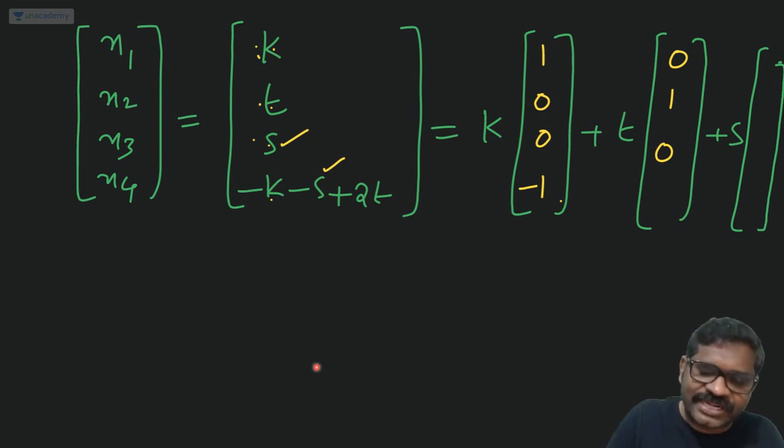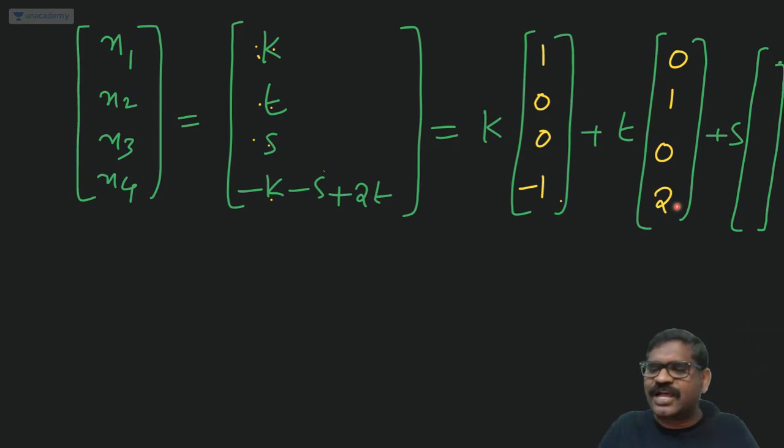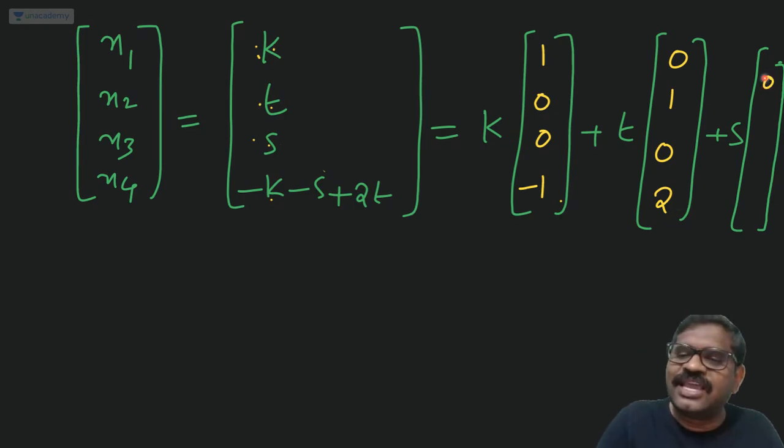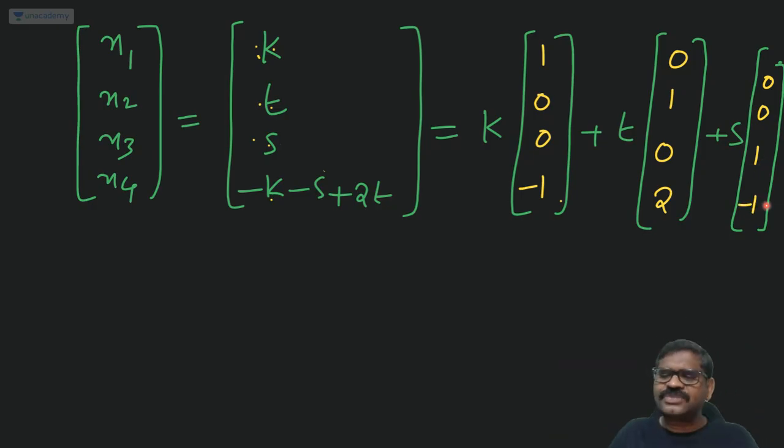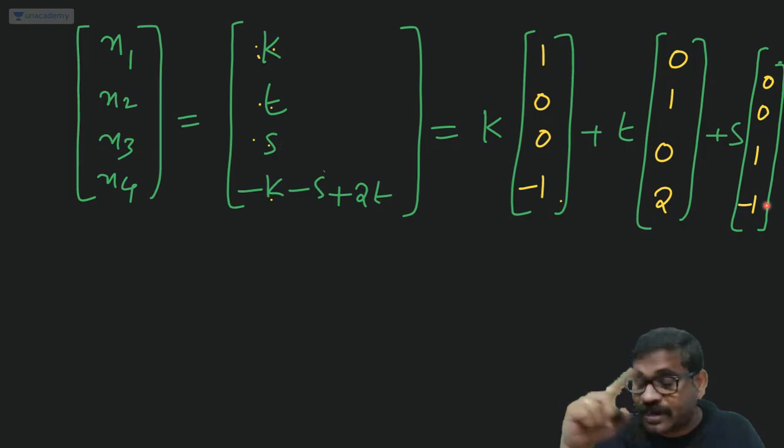The t coefficient is plus 2. Next. What about the s coefficients? 0, 0, 1, minus 1. Understood? Now observe.